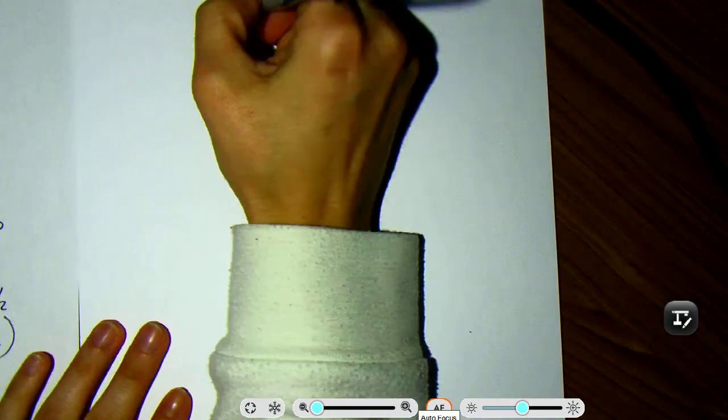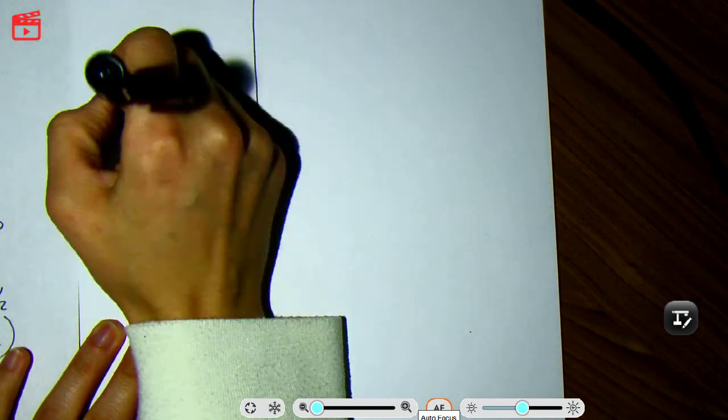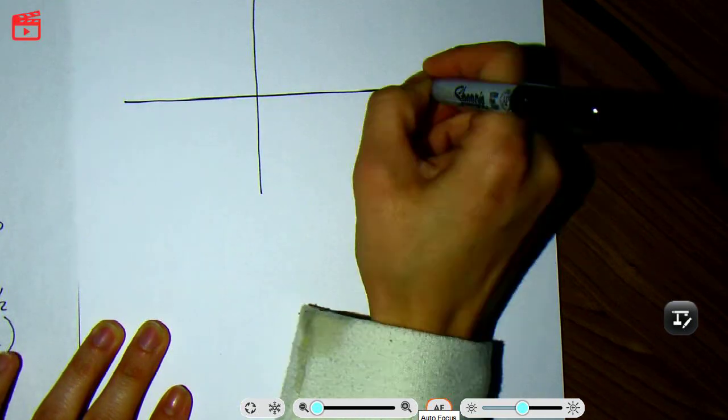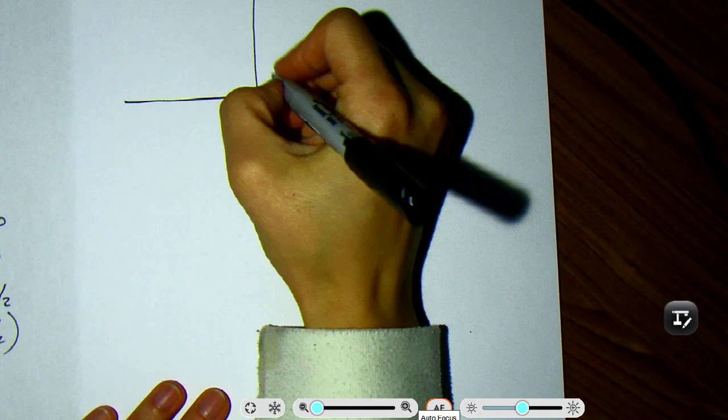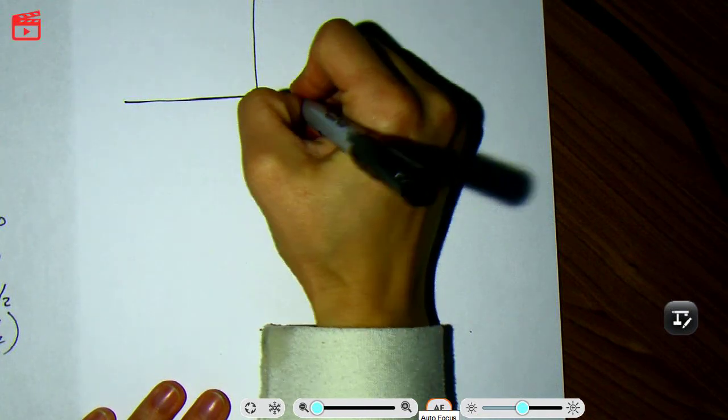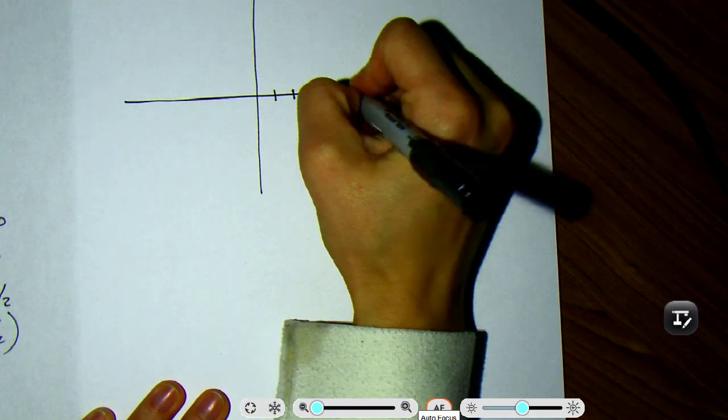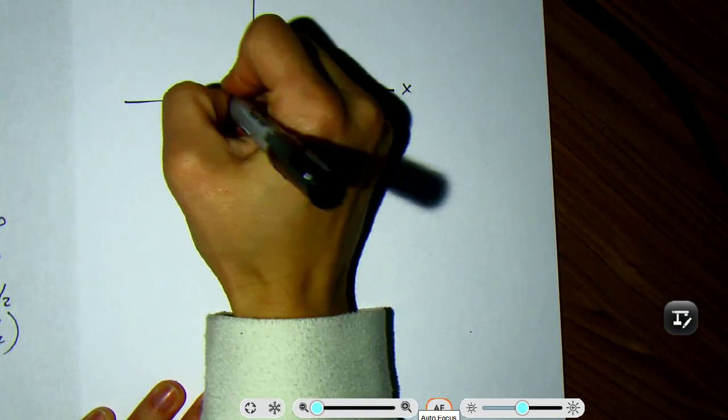If I'm graphing this by hand, I do need to be very precise, or at least try to be. When we're looking for the intersection, I have a good general idea. So 1, 2, 3, 4, 5, 6. And if you have graph paper, that'd probably be ideal.